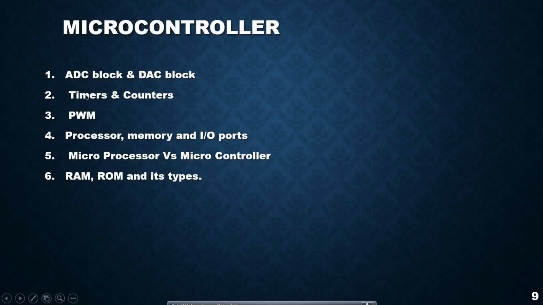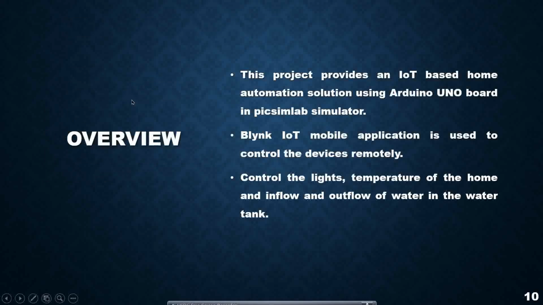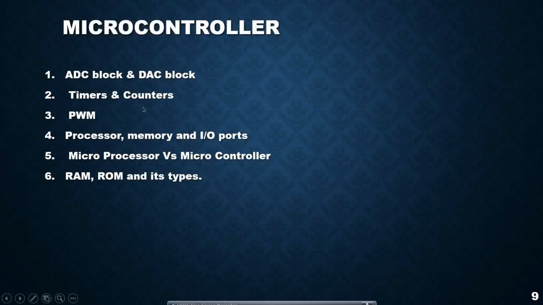Then come timers and counters. Timers are devices that count down from a specified time interval and are used to generate a time delay, while counters are devices that store the number of times a particular event or process occurs with respect to the clock signal.